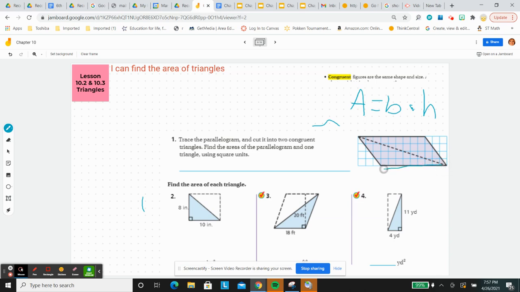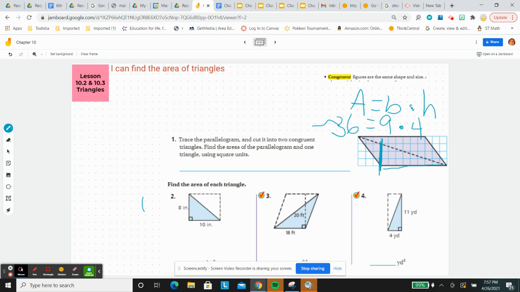There are 9 squares, so my base is 9. When I'm doing a parallelogram, we have to go straight up and down, remember. So we have 1, 2, 3, 4. So this is 9 times 4, the same example we had from lesson 1. So this gives this parallelogram an area of 36 units squared.